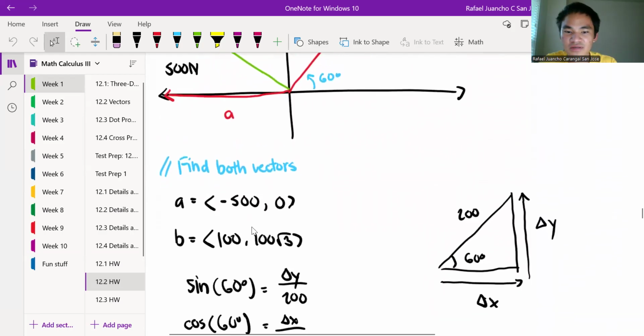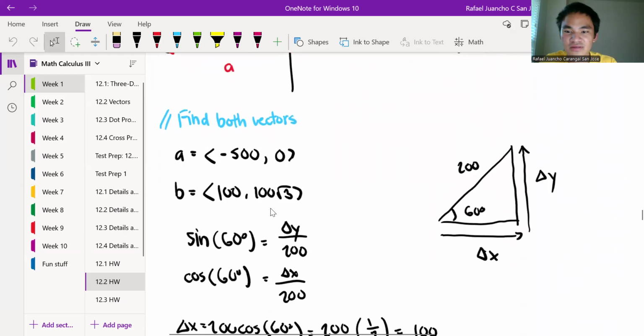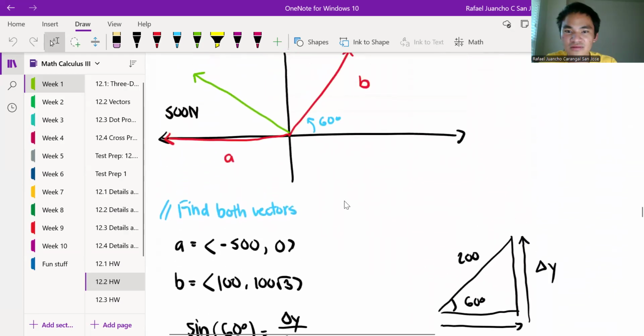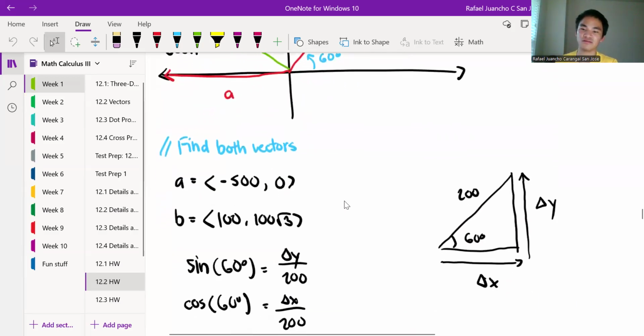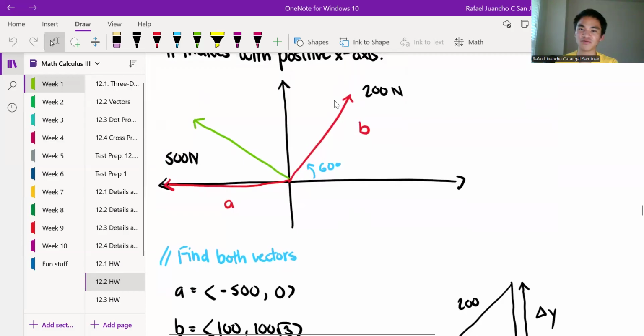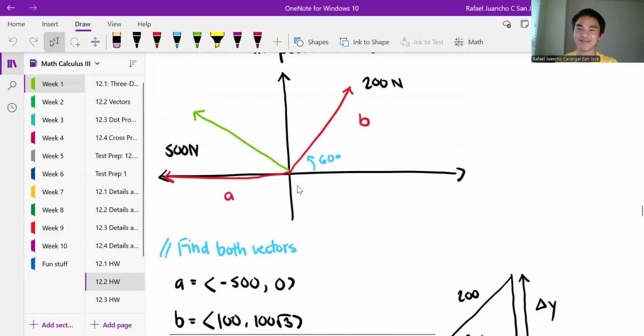How did I know this was 100 and 100 square root of 3? Oh, because I did a cosine. And I know this is 200. So the length of this thing was 200, right? Because force is a length.